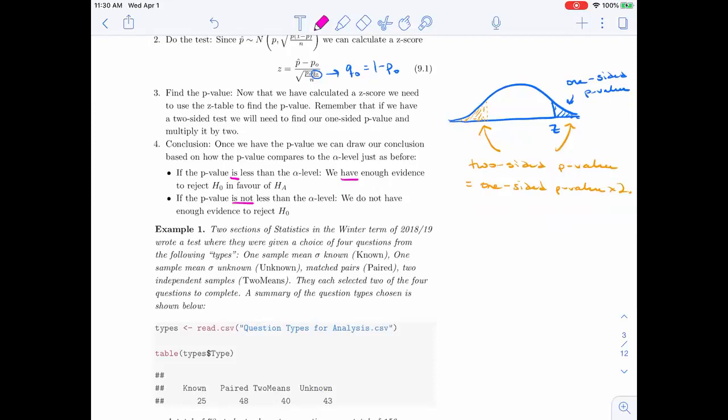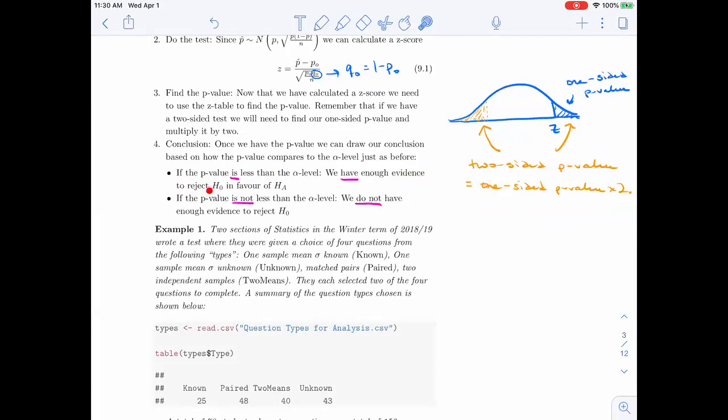If it is not less, we do not have enough. I use that phrasing just because it's easier to remember.